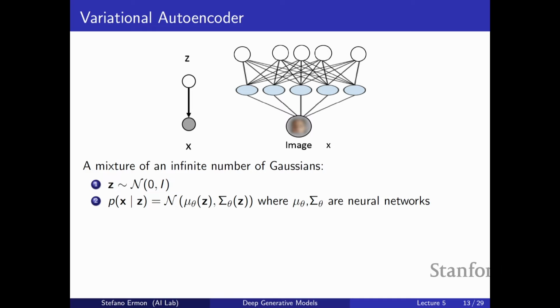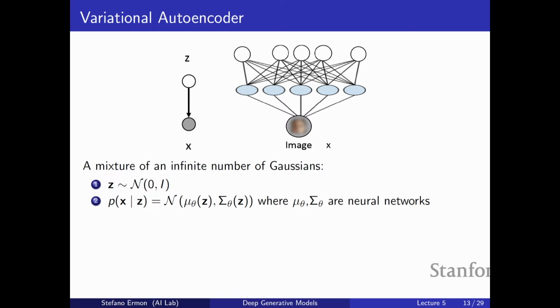They are chosen by feeding Z through two neural networks, let's say mu and sigma, that will basically give you the mean and the standard deviation for that Gaussian component. There's no longer a lookup table. Now it's whatever you can describe using a neural network.